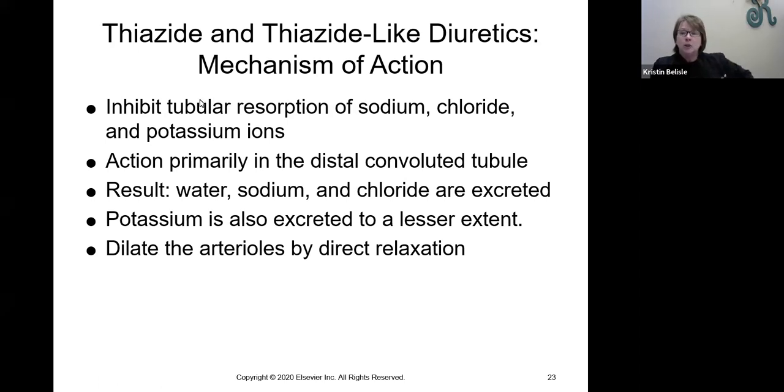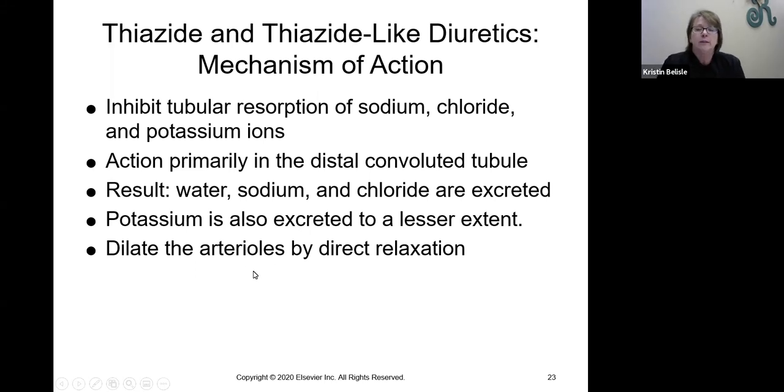So thiazides still are wasters of potassium and sodium, but it is a milder diuretic. It's not as potent as the loop because not as much filtration and reabsorption is happening in the distal convoluted tubule. So we like them, and we like to combine thiazides with other medications to get a great effect for our patient. And you'll see that a lot. And we'll look at these here in a second.